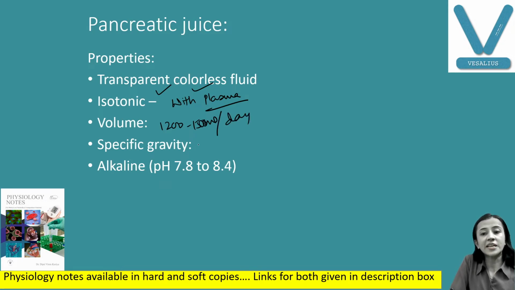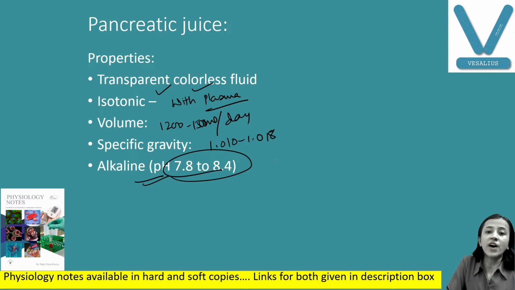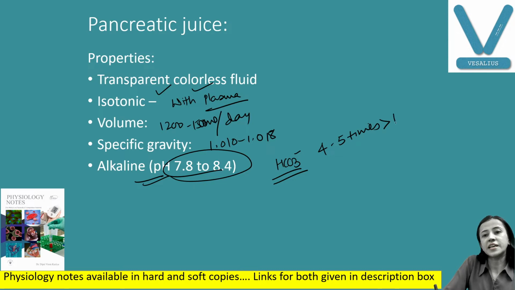Specific gravity of pancreatic juice is 1.010 to 1.018, and its pH is alkaline, 7.8 to 8.4, because of the higher concentration of bicarbonate ions which are secreted by the duct part, and the concentration of bicarbonate ions is 4 to 5 times higher than plasma.